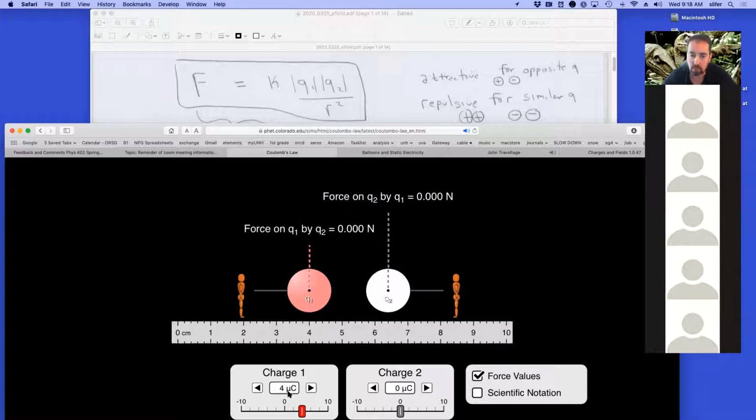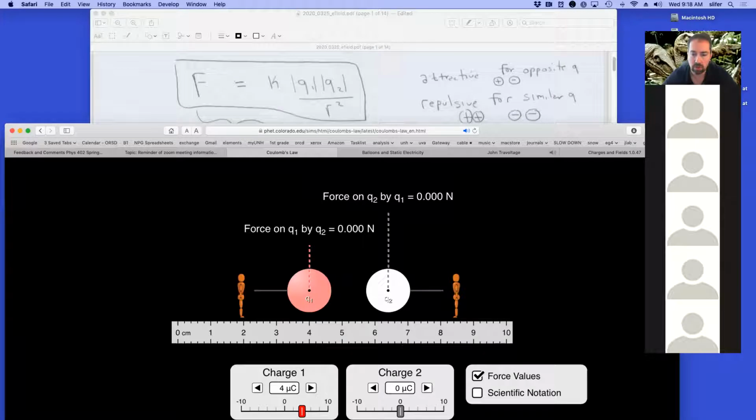It stands for 10 to the minus 6. It's micro in SI. So this would be 4 times 10 to the minus 6. The actual numbers here, please don't get hung up on them. They don't matter. I just want to give you some demonstration of this attractive and repulsive ability of this force. So I put a positive charge on this guy, and what happens?